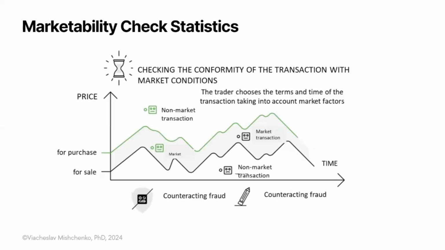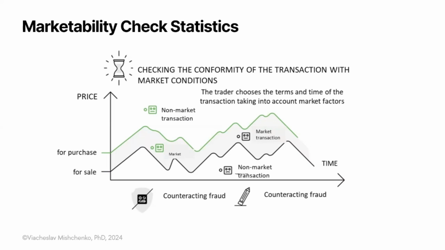And the next process, which is rather important for risk management, is marketability check statistics. It is really a crucial aspect of market risk management that often doesn't get the attention it deserves. So the primary goal here is to verify that each transaction conforms to market conditions.